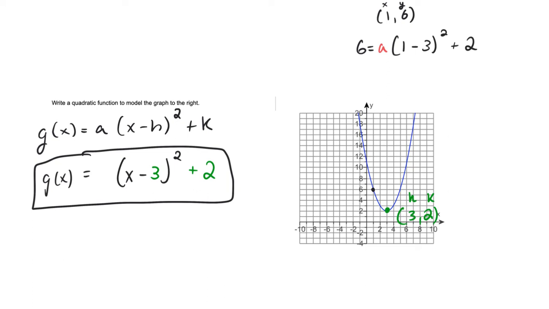So all I did was substitute into this. And then we solve for a: 6 equals negative 2 squared, which is 4a, plus 2. So you get 4 equals 4a, so you can see a equals 1. So if you didn't trust that it was just the x squared function with a moved vertex, you can test for a by always substituting an x and y value along with your h and k and solving for a. All right, so that is number 3.